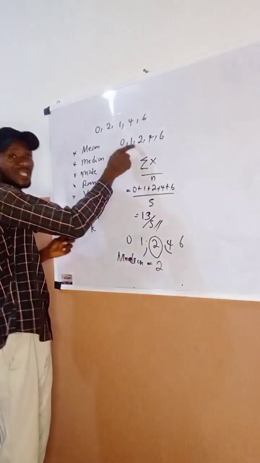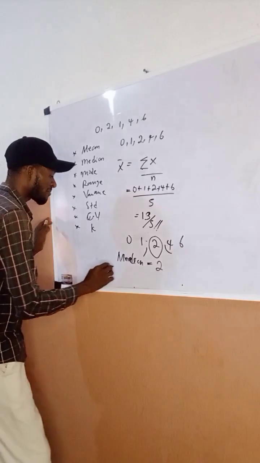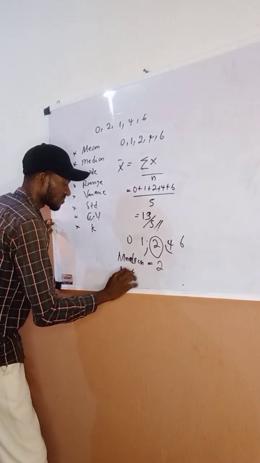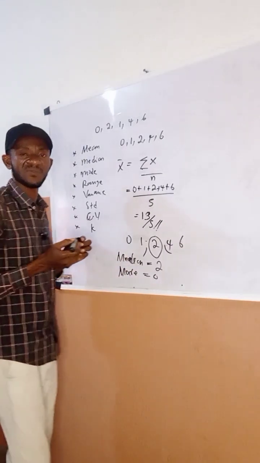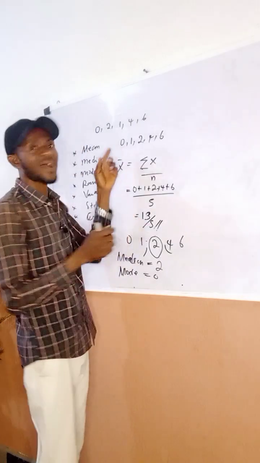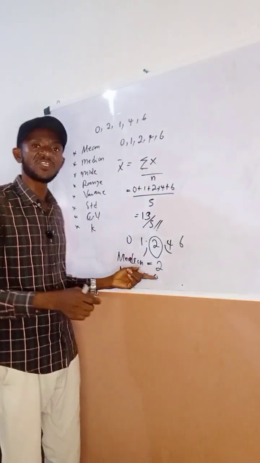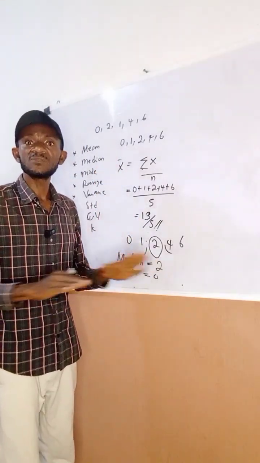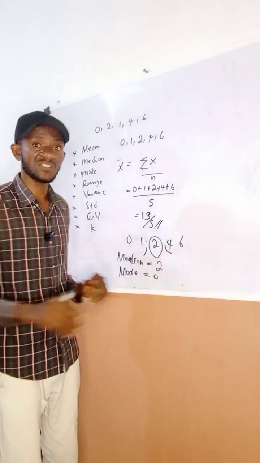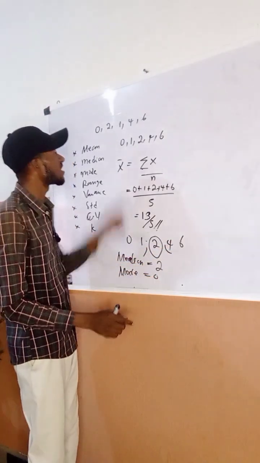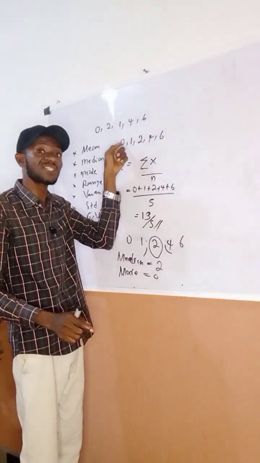In fact, when we talk about 0, it is better not to say the mode equals 0. We say the mode does not exist, because if you say mode equals 0, you might be referring to this 0 that is here.